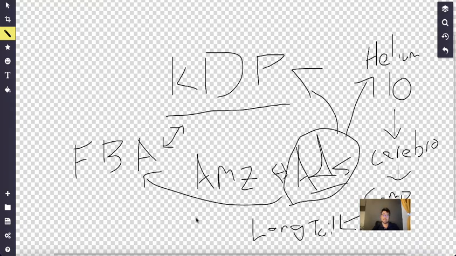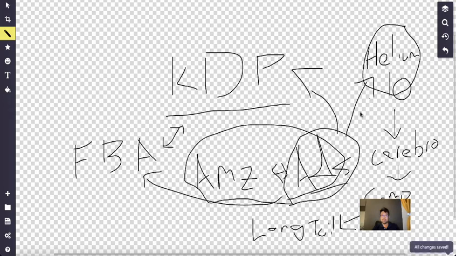And I would say that this is the key differentiator between a lot of the people who are doing low content books. They don't know how to make Amazon ads work for them, and whoever understands this stuff is the one that has an edge.